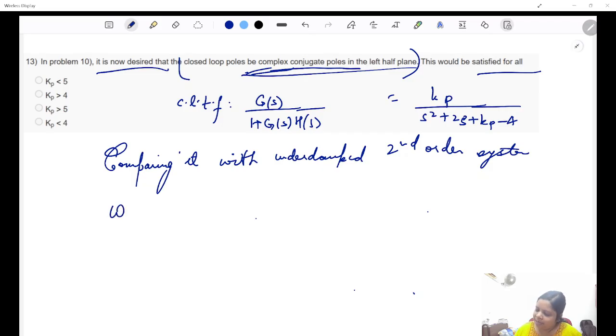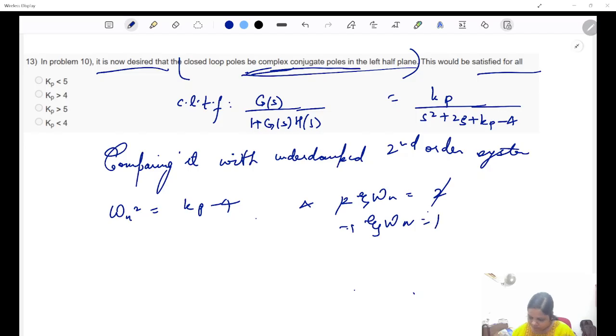First we'll write omega n square is what? It is Kp minus 4, right? And 2 zeta omega n is what? It is 2. From here, zeta omega n is 1.